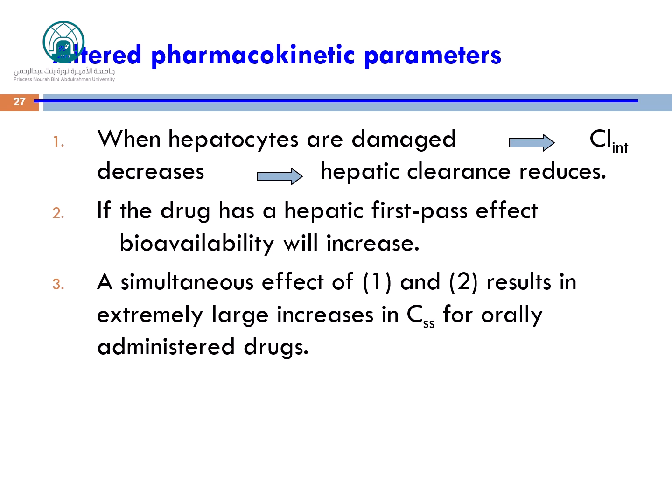The hepatic clearance as a whole will be decreased. If the drug has a hepatic first pass effect, bioavailability will increase. What is the hepatic first pass effect? It is the metabolism of the drug by the hepatic enzymes present in the hepatocytes.